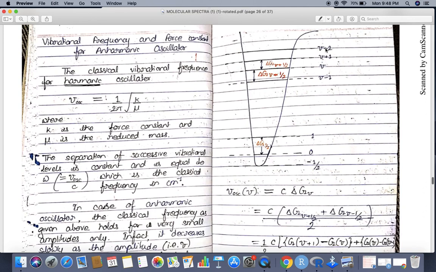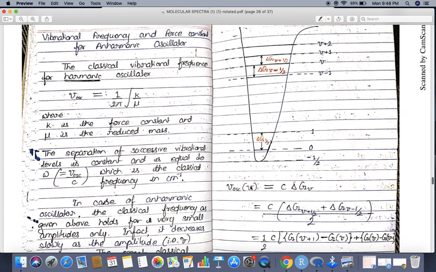So for example, in this anharmonic oscillator curve, this is the zero level because of the zero point energy. Then you have the first excited state, and suppose we have an arbitrary state nu, and below it nu minus 1, and above that nu plus 1.